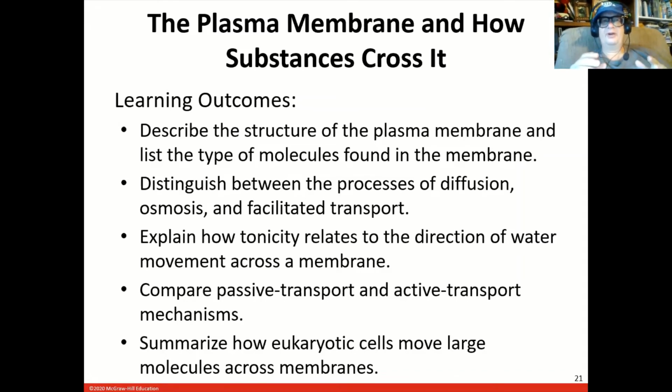But think about the direction. If you are moving things from an area where it's highly concentrated to where it's less concentrated, you don't usually have to spend any energy. But if you have a bunch of stuff here, you're trying to put more stuff in there, you keep shoving it in, shoving it in, you're going to require more energy to do it.